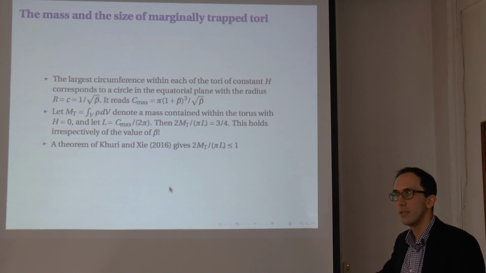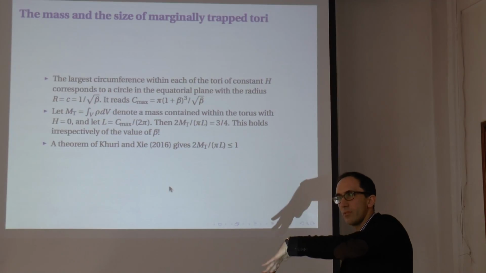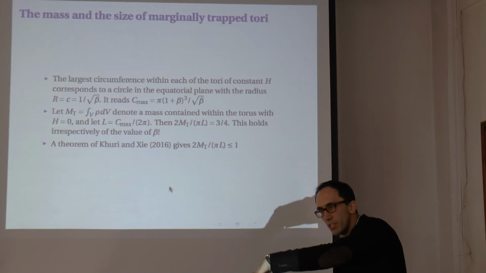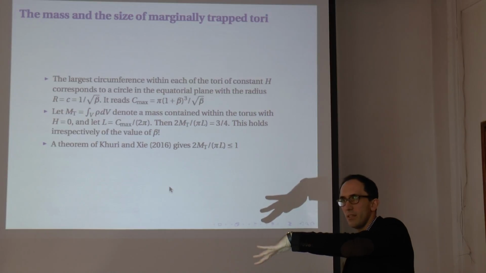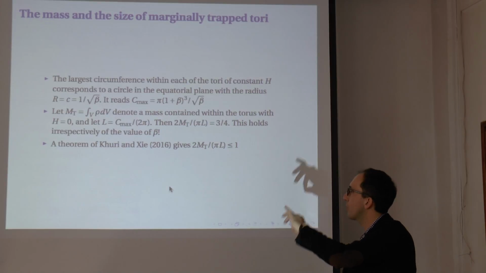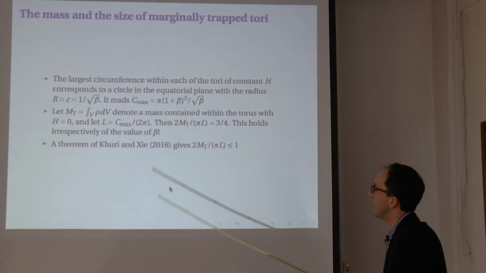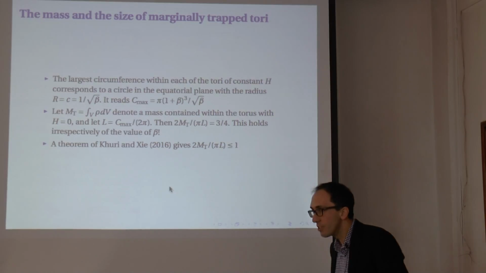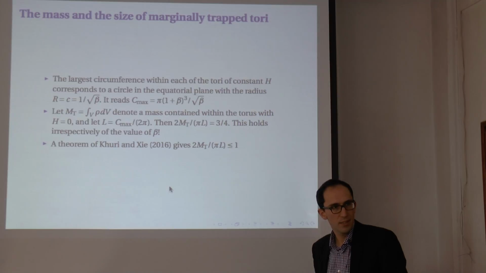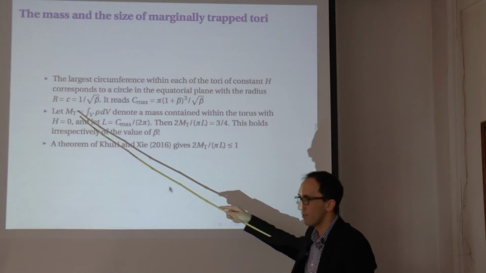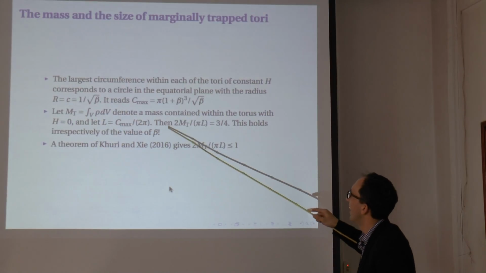You take this rho from the star, and you compute how much of this density is contained within the torus, right? It's a constant rho. This rho is related to beta. But the metric. Exactly. This is just a constant. You can take it out from the integral, right?